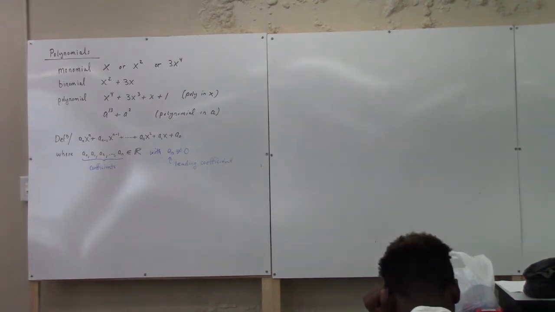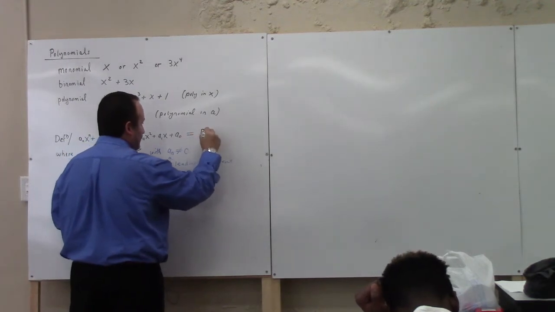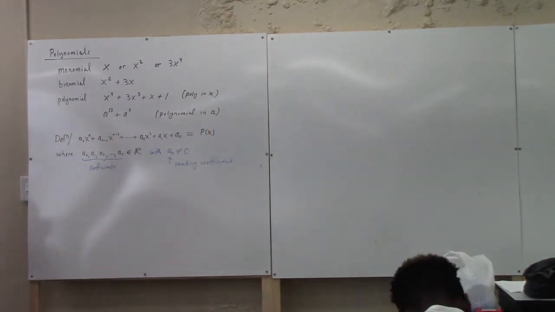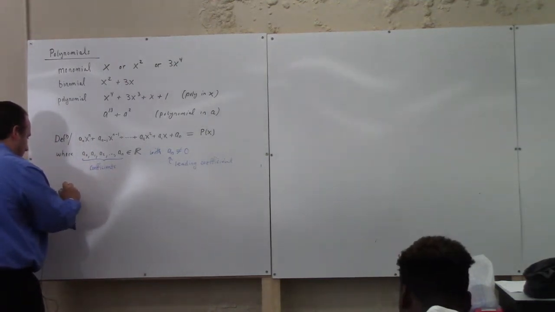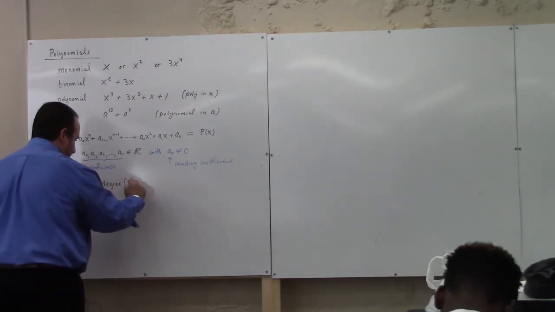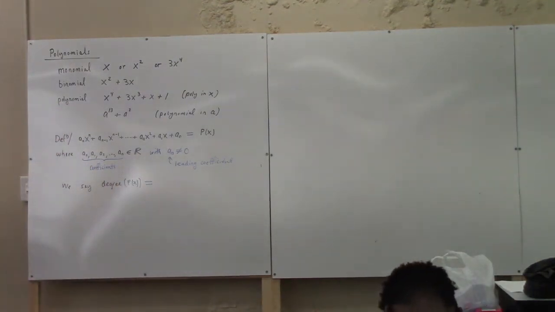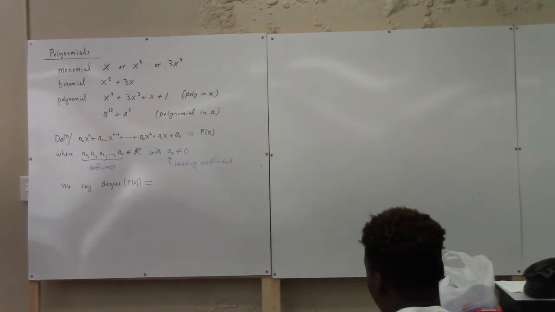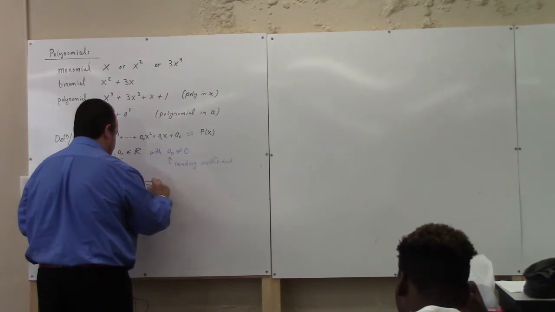Now, it's helpful to just give a name to the polynomial for the sake of discussion. So, since it's a polynomial, let's call it p of x, all right? So let's just call this whole thing p of x, all right? And with respect to that, we define the degree of p of x is equal to what? Well, the degree of the p of x I just wrote is n, all right? The degree is the leading coefficient's order, if you will.